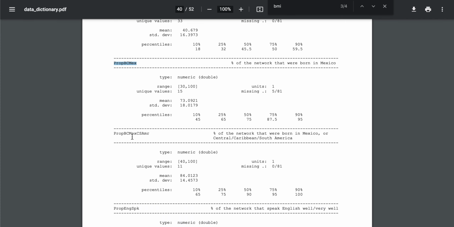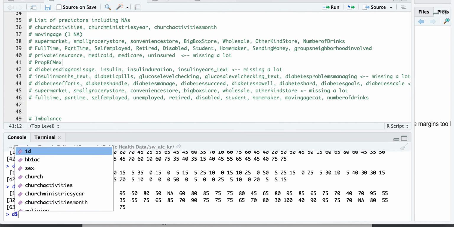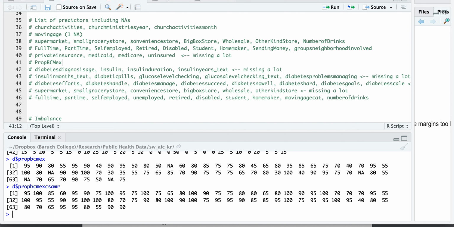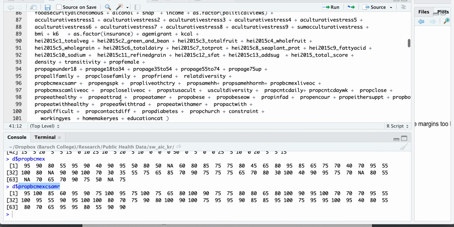Prop PC Mic. There we go. So nothing is missing. Great. As expected, because it wasn't there. Oh, we have it already here.